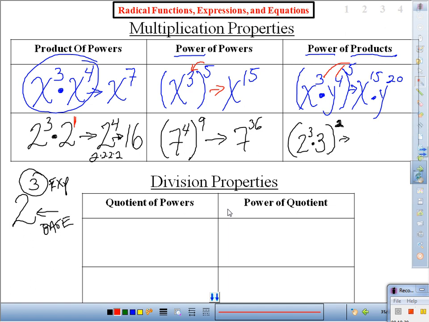All right, once again, don't forget the 1 here. Distribute. We end up with 2 to the 6th times 3 to the 2nd. And if I wanted you to simplify a little bit more, then you would multiply it out as is, right?